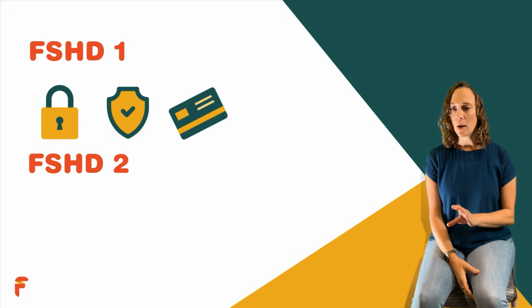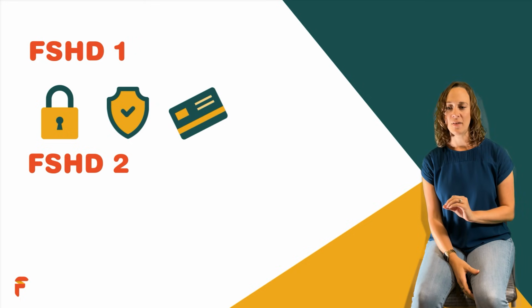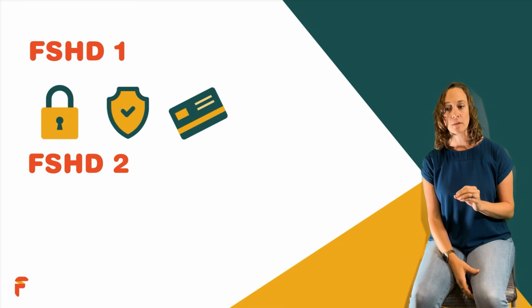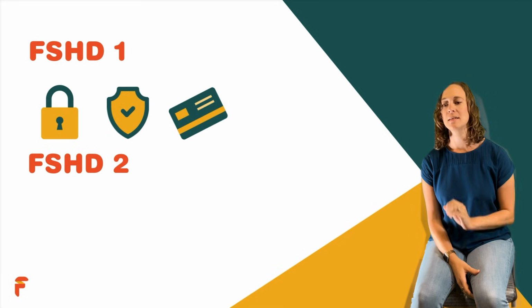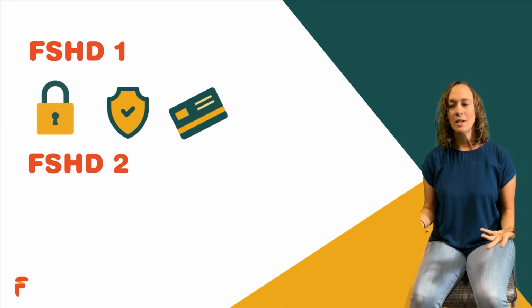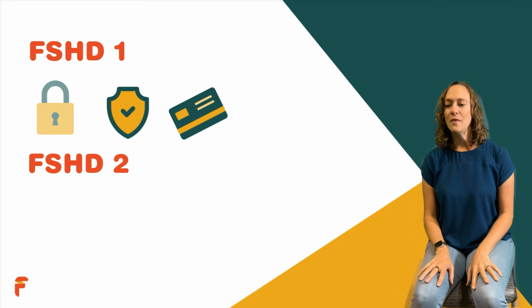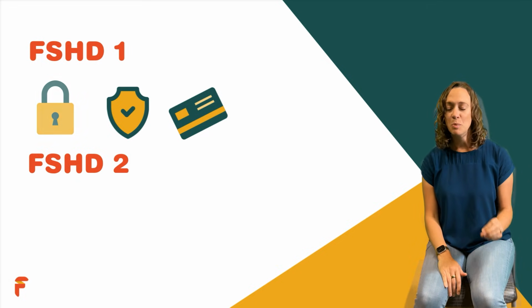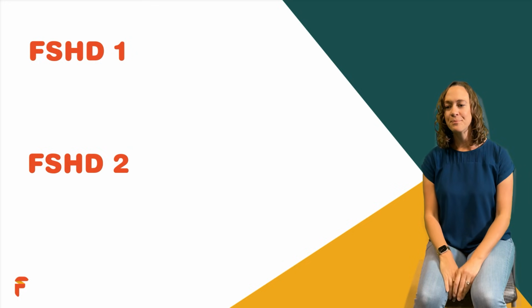In FSHD1, the most common type of FSHD, the stretch of D4Z4 repeats is shortened to 10 or less repeats. Shortening these repeats is like removing locks, making it easier to get books that are not supposed to be available.